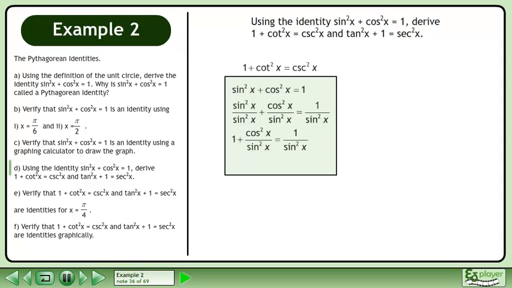Simplify. Cos squared x over sin squared x equals cotan squared x, and 1 over sin squared x equals cosecant squared x. This gives us 1 plus cotan squared x equals cosecant squared x, completing the derivation.